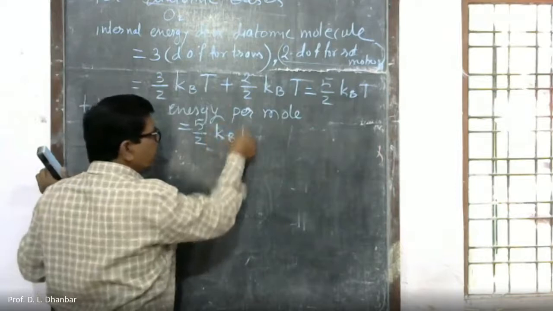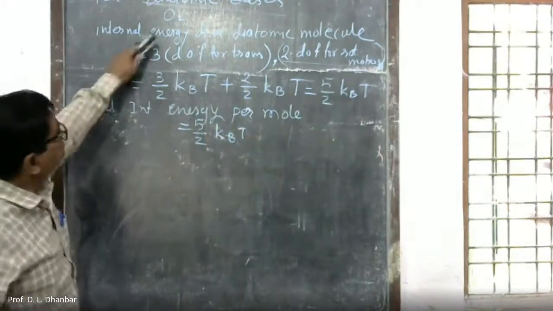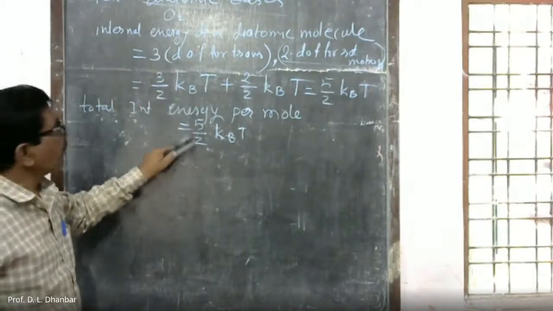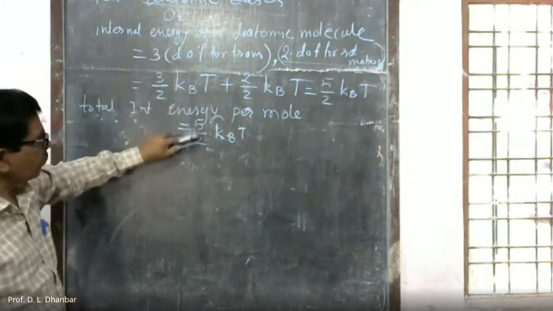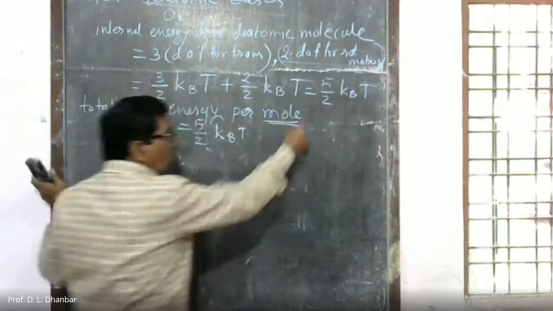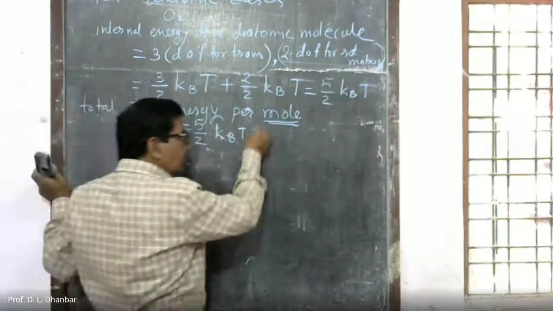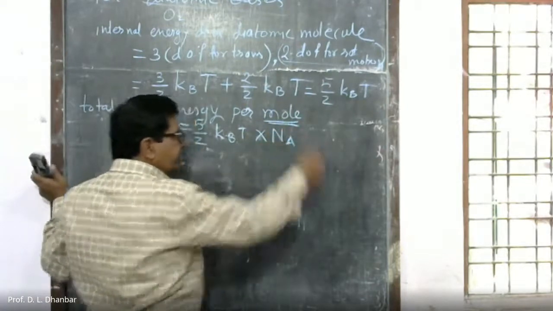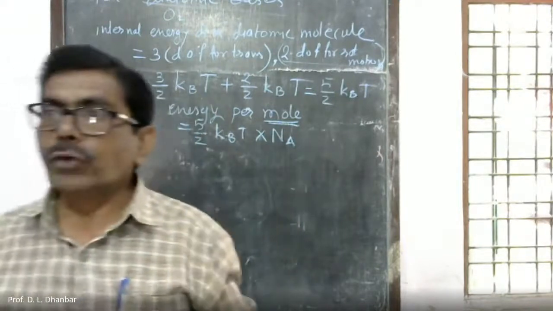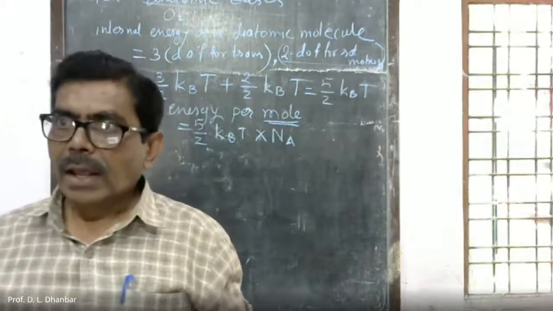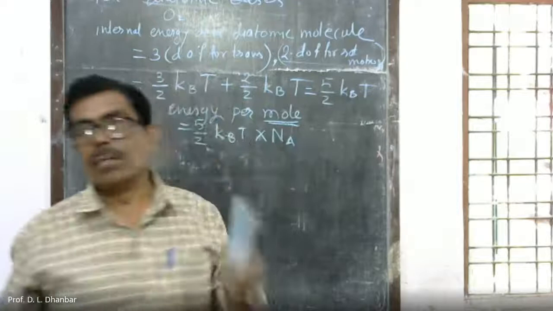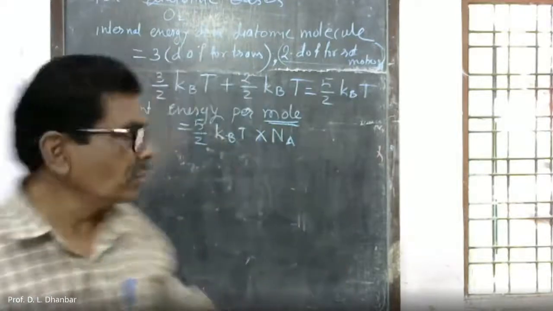This is per molecule, which comes out to be 5 by 2 kB into T, and our aim is to find out per mole. So here you have to multiply it by Na, which is Avogadro's number. Avogadro's number means the number of molecules in one mole. The number of molecules present in one mole, that we call Avogadro's number, Na.